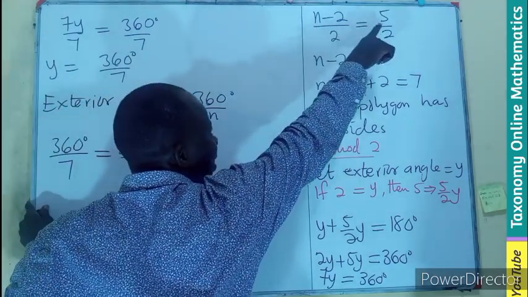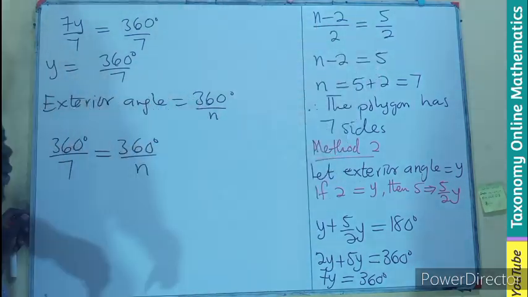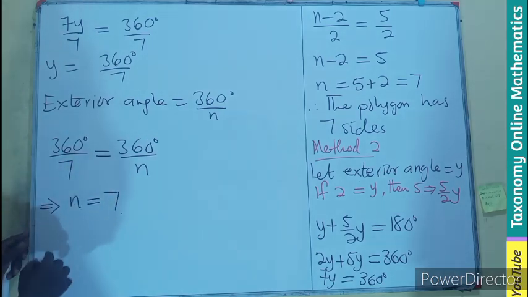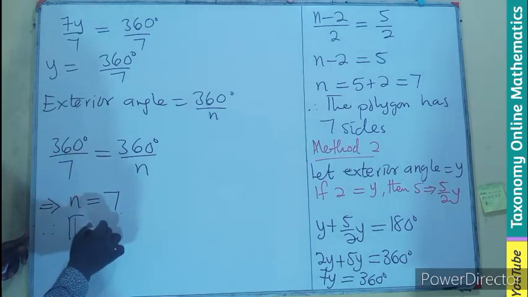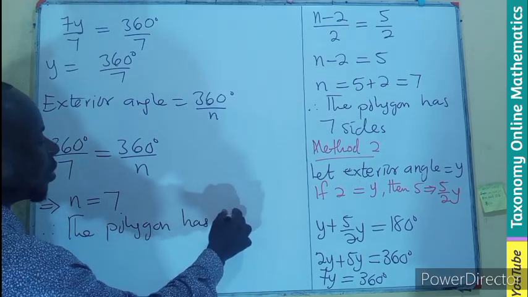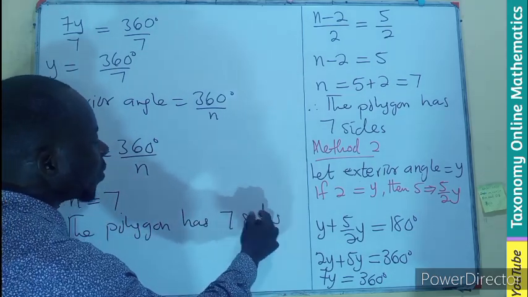Here, the numerators are the same, and the denominators are the same. So you can see 360, 360. That implies that n will be equal to 7. Do you get it? So therefore, the polygon has 7 sides.